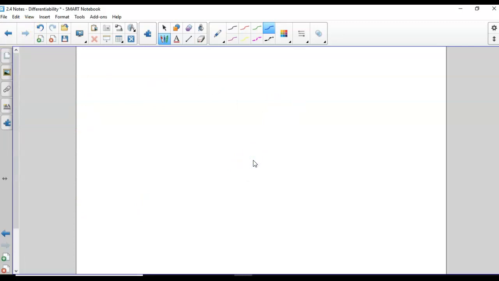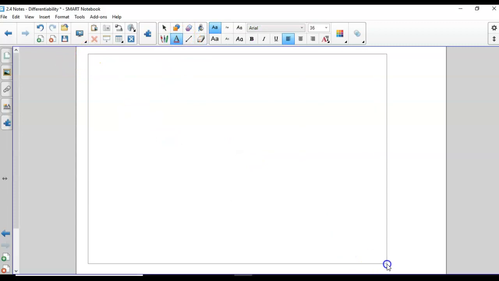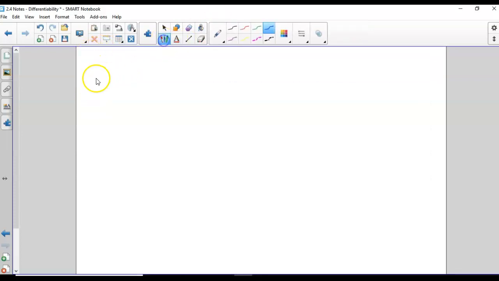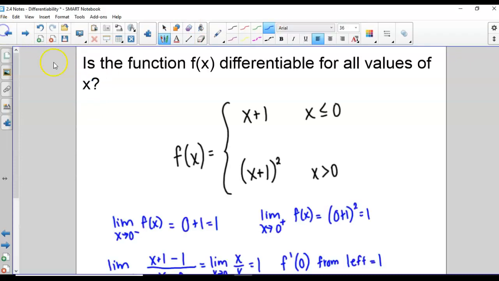We might have done enough. Let's do one more, and we'll use a graph. So let's say, I'll write it. Let's do an example.